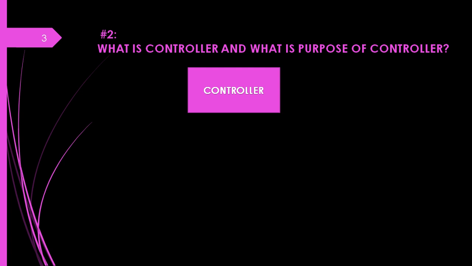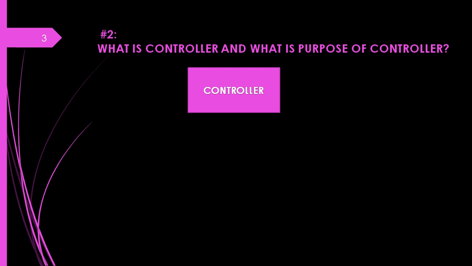So what is the controller's end responsibility? The controller has the end responsibility to create a response based on the user interaction. So whatever input the user provides, it takes the request sent to the server, and it is responsible to handle it by creating the response based on the user interaction.